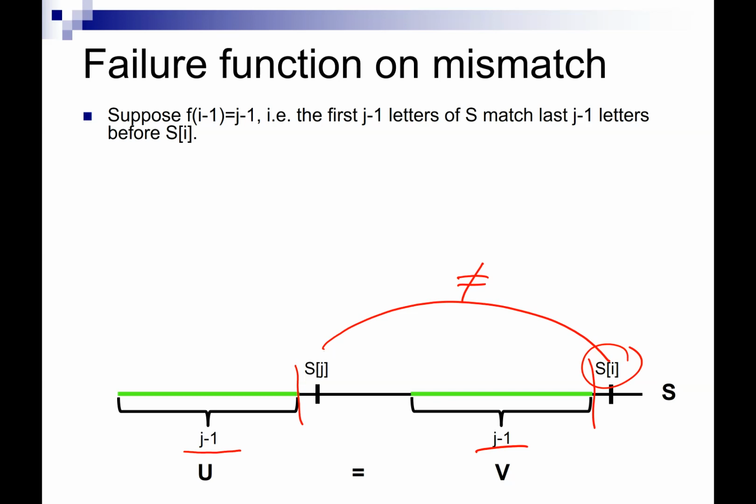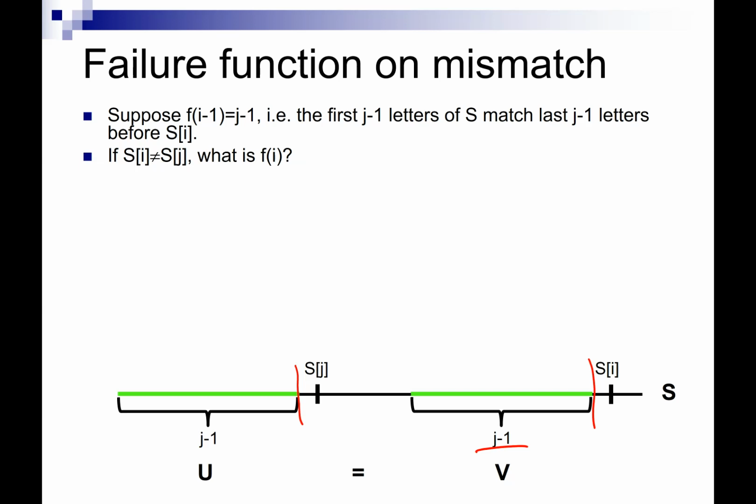All right, now let's give some names to these things. Let's call the first j minus 1 letters of s u, and the last j minus 1 letters before s of i, let's call that v. Then we know that u and v are equal.